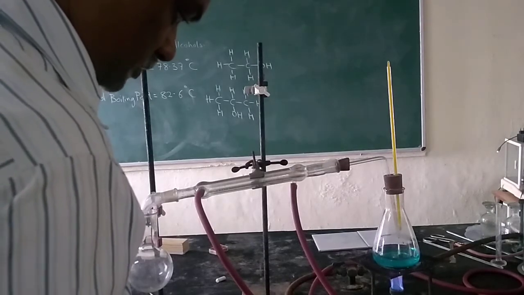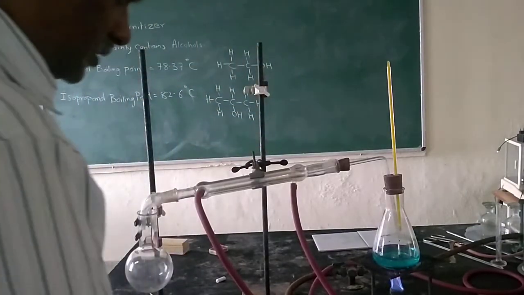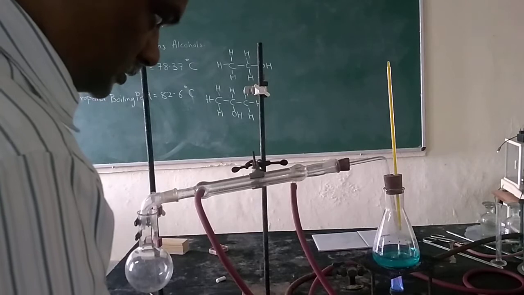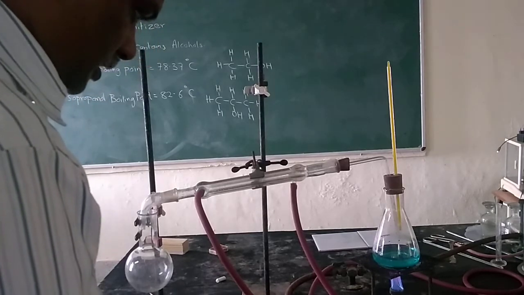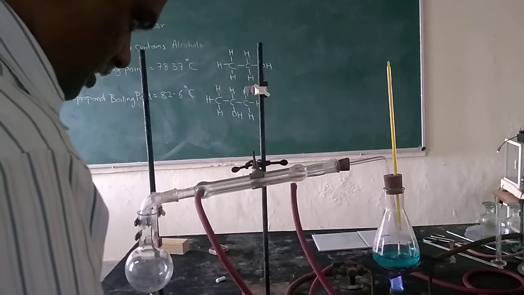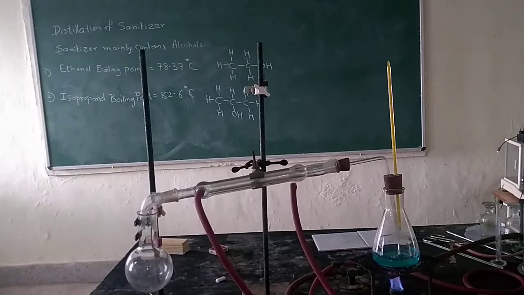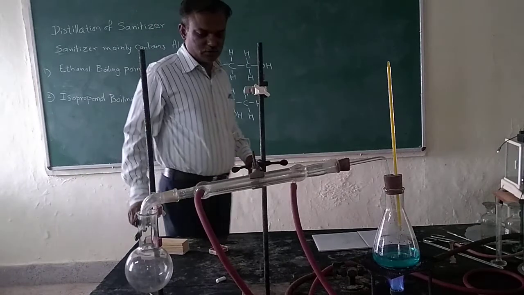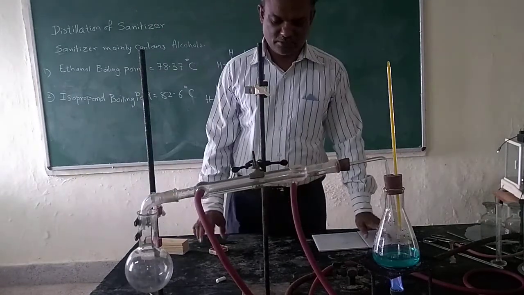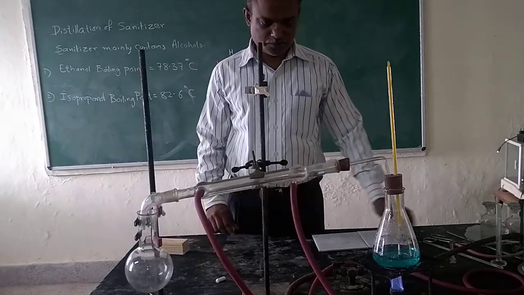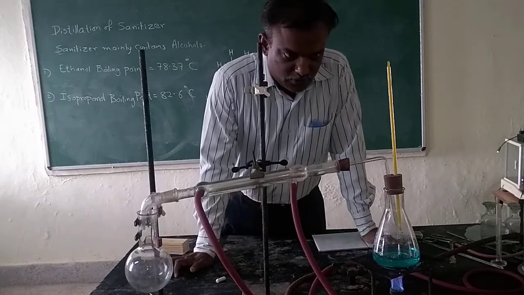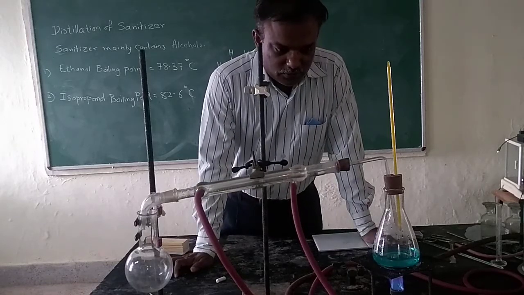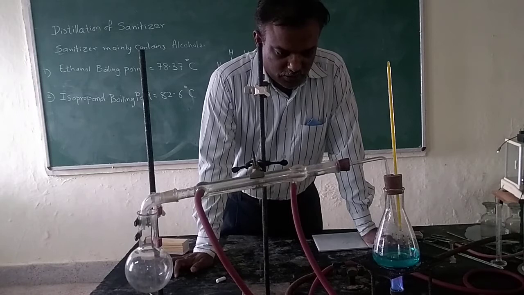See, the vapors are being collected inside the conical flask, and slowly the boiling will take place. As soon as the boiling takes place, we will note down the boiling point and the temperature of that alcohol.